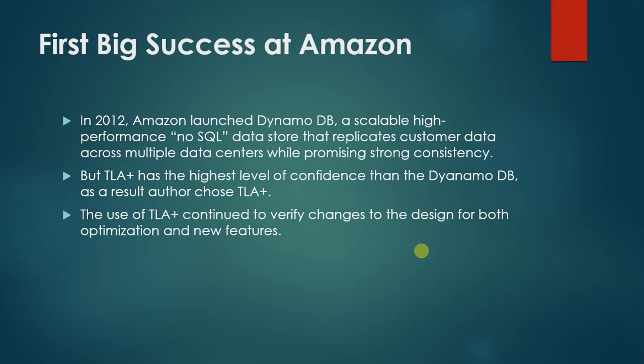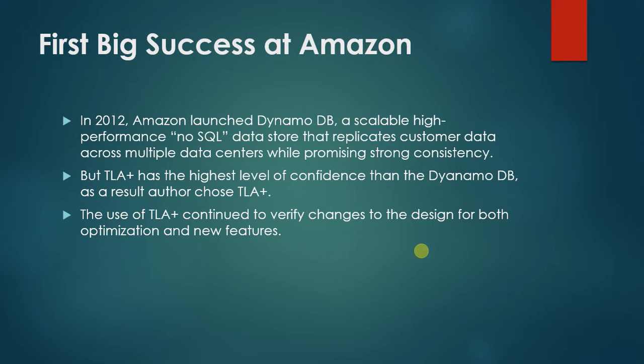The first big success at Amazon. In 2012, Amazon launched DynamoDB, a scalable high-performance NoSQL data store that replicates customer data across multiple data centers while promising strong consistency. TLA+ gave the highest level of confidence for DynamoDB. As a result, the author chose TLA+.